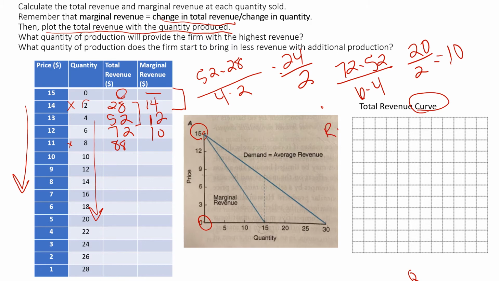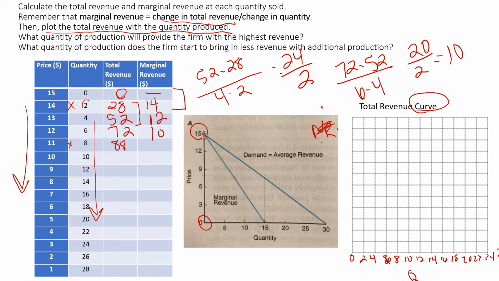So our quantity goes from 0 to 28. Let's just do 2, 4, 6, 8, 10, 12, 14, 16, 18, 20, 22, 24. We'll have a couple that are off the screen.